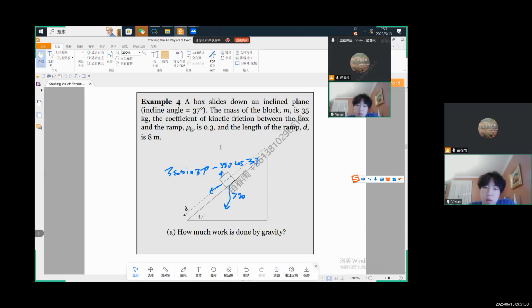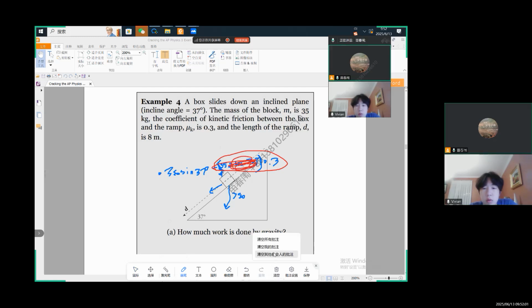And then this has to be multiplied by 0.3. The mg cos 37 degrees, they don't have a distance. So this has to be multiplied by 0. So this is nothing in here.